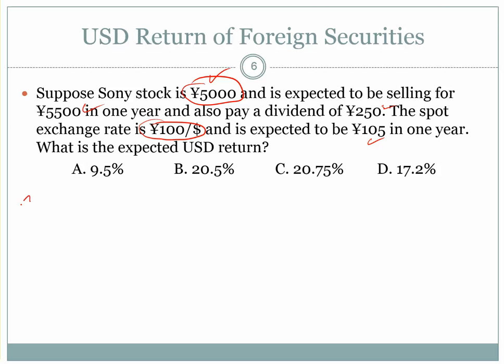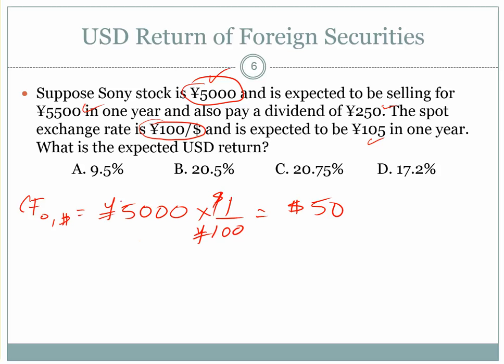So we'll now compute the US dollar rate of return of this investment. My initial cash flow in dollars is a 5,000 yen cost times the dollar-yen exchange rate, 1/100. So the initial cost will be $50. And then at the end of the year, you'll get 5,500 yen plus 250 yen dividend payment, and we'll multiply times the new exchange rate of 105.